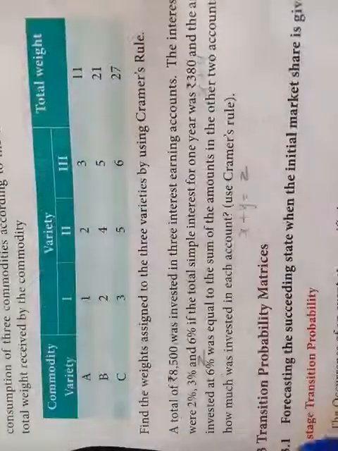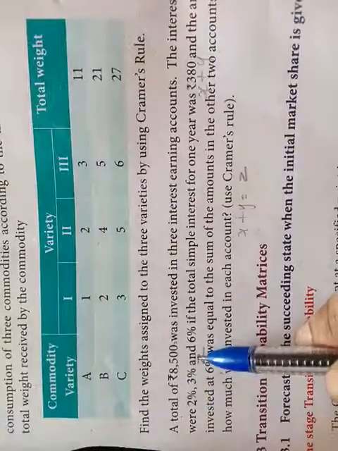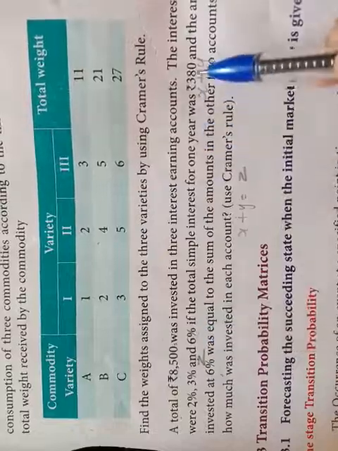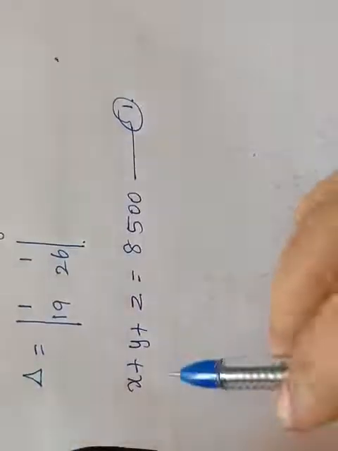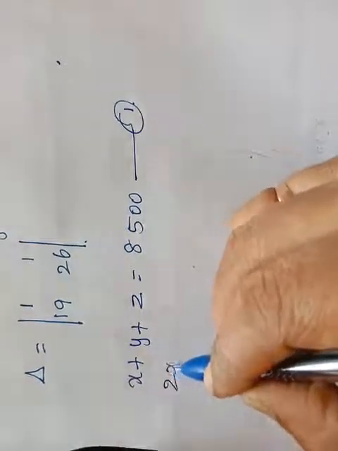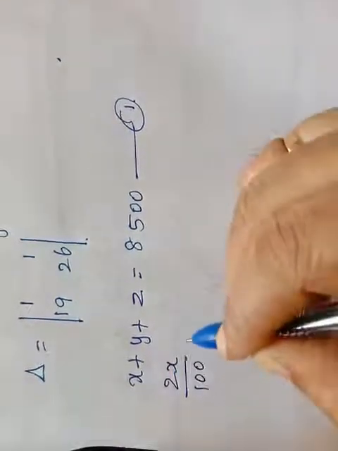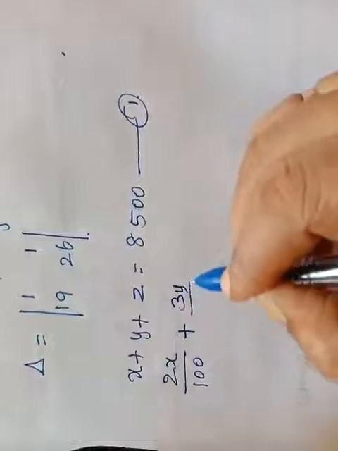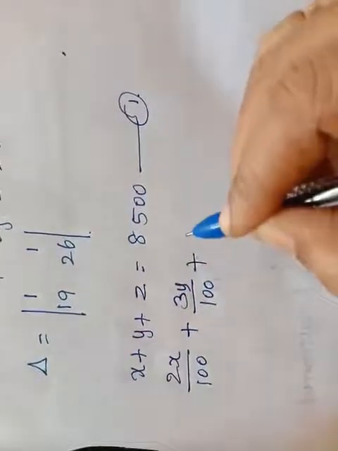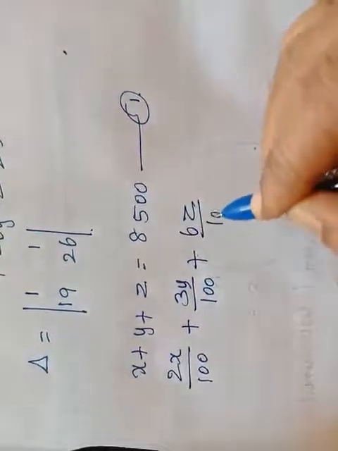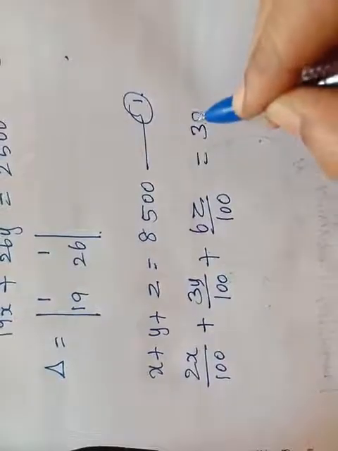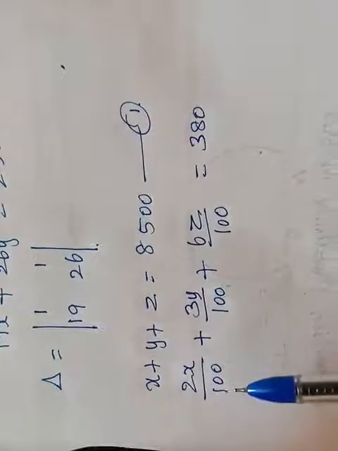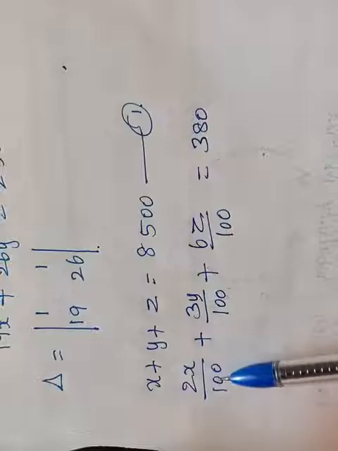And then the second: they are given 2%, 3%, 6%, and total interest was 380. The rate of interest is given like that. So 2x by 100 plus 3y by 100 plus 6z by 100 equal to 380, because the interest formula is PNR by 100.